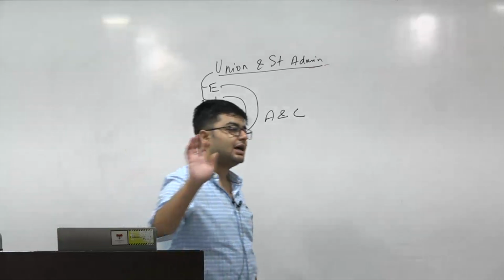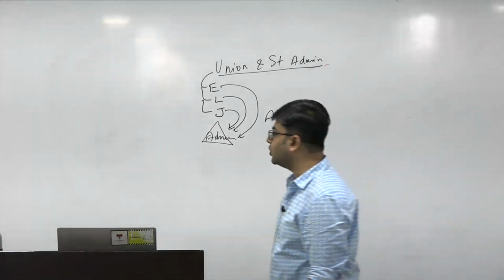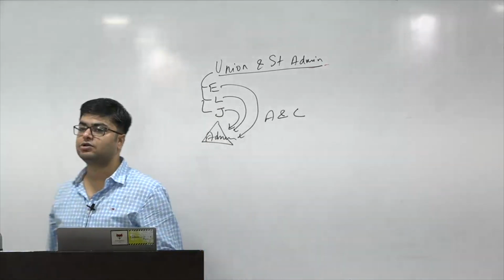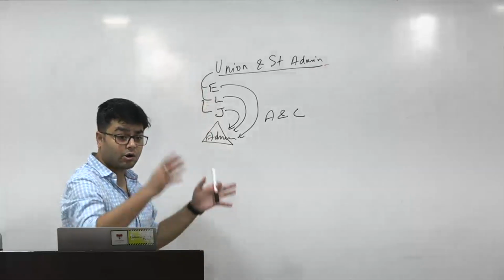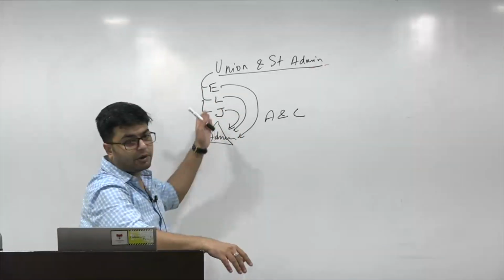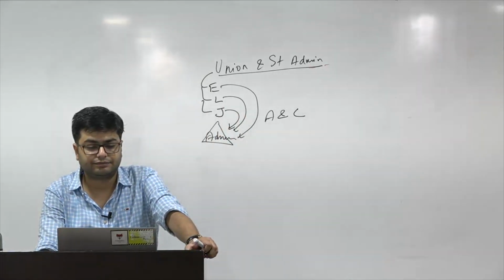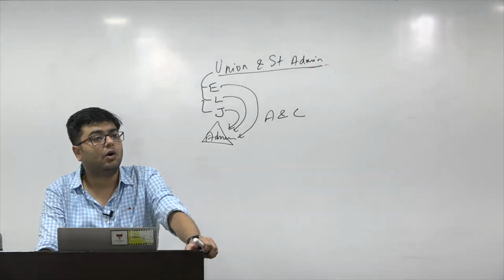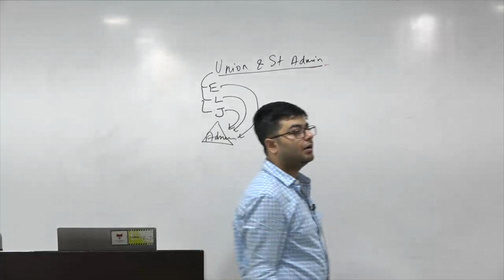And hence, the efficiency of the government actually is based on how, in a big picture, all these three are organized, the way they function. Also, more importantly, the executive itself. How best the executive can implement the policies.